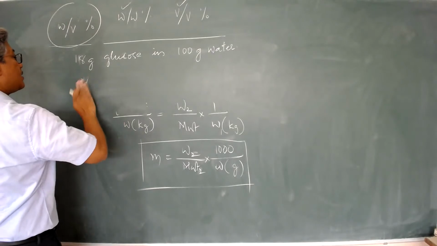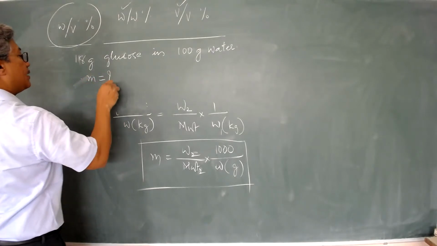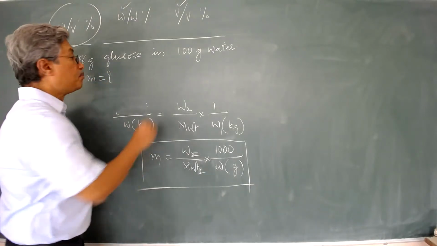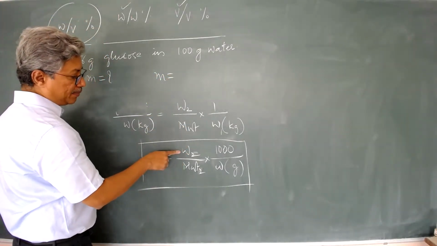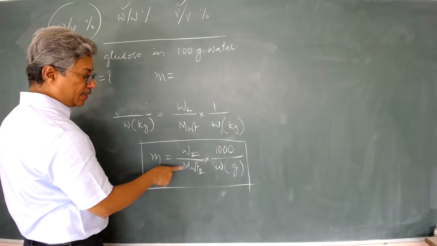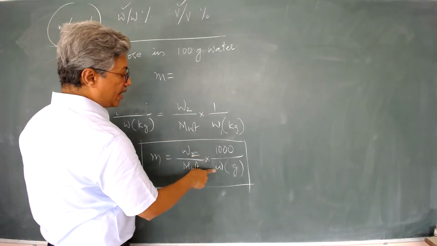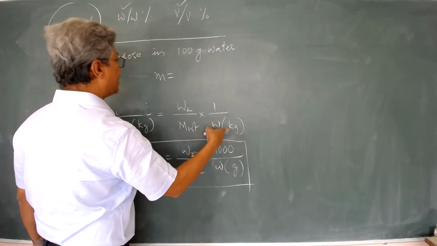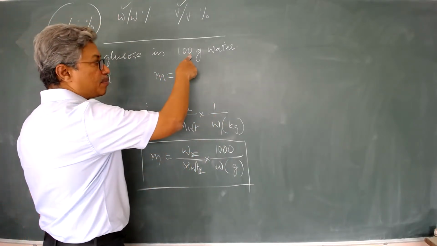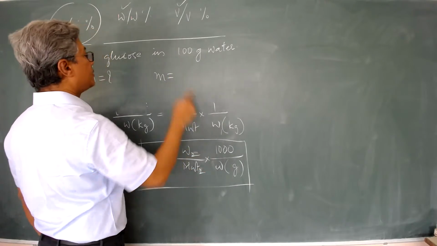Then what is its molality? So molality, as we know, is weight of the solute divided by molecular weight of the solute, into 1000 divided by weight of the solvent in gram, or 1 by weight of solvent in kg. Here the solvent is given in terms of gram, therefore it should be 1000 here.